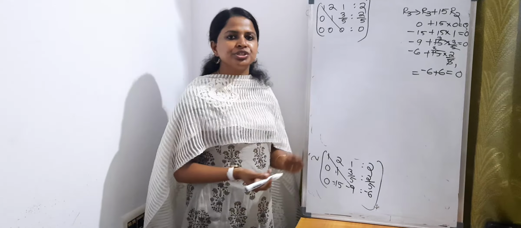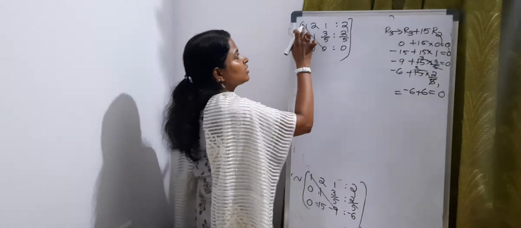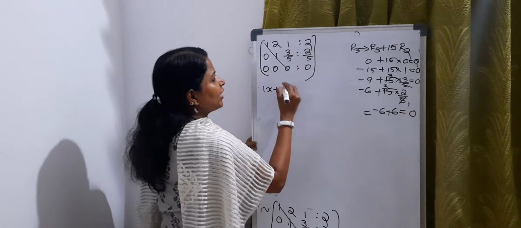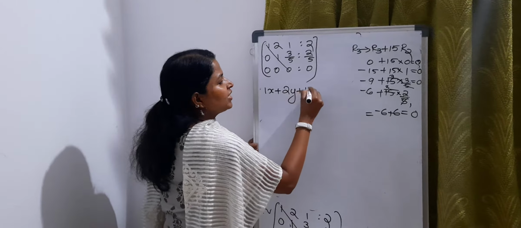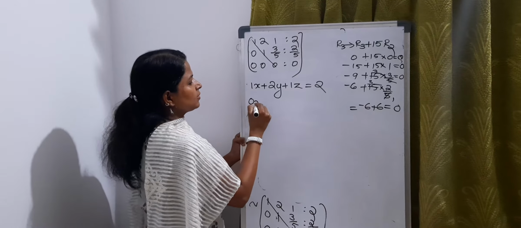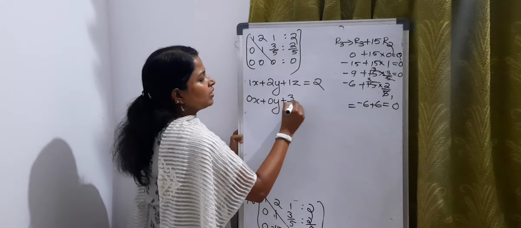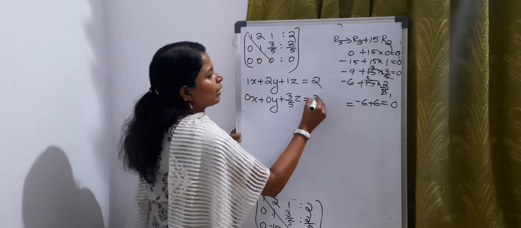Then, back substitution, we write the linear equations. What are the linear equations? This is 1x plus 2y plus 1z equal to 2. Then 0x plus 0y plus 3 by 5 z equal to 2 by 5.